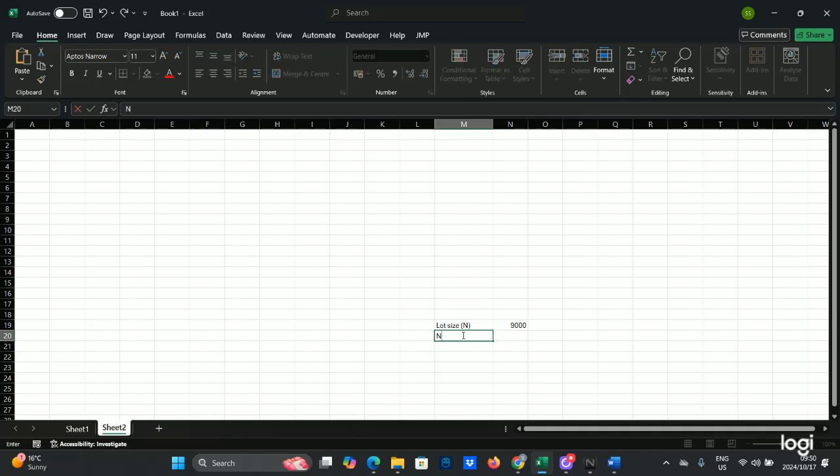From that lot, they take a first sample, n1, small letter n1. They take a sample of 150, and then their acceptance number is 1.